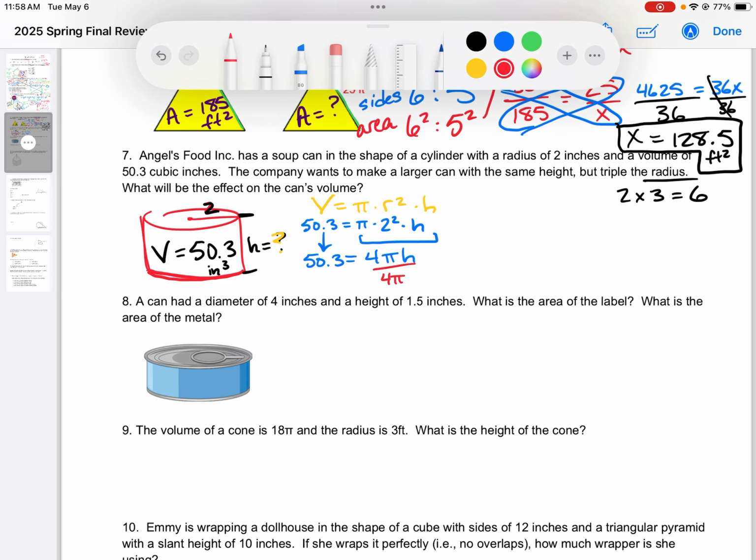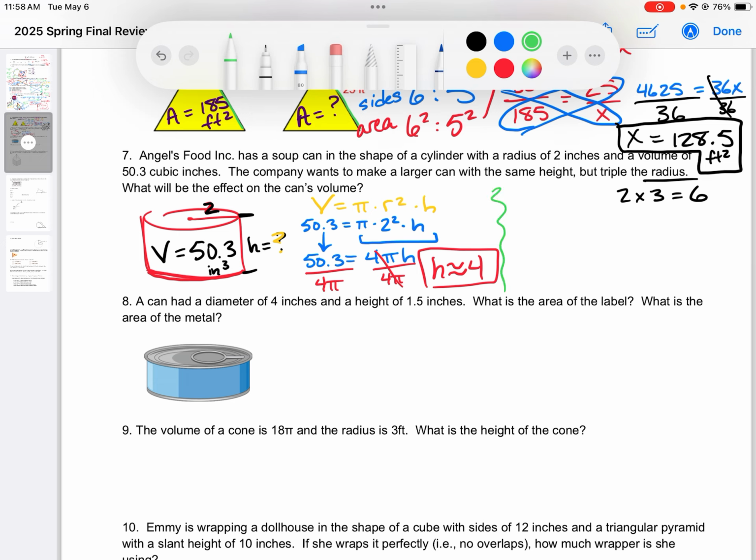And so we're trying to isolate h because we want to know the height. So we divide by 4 pi. When you divide 50.3 by 4 pi, you get about 4. H is approximately 4. So we're going to use 4 as our height.